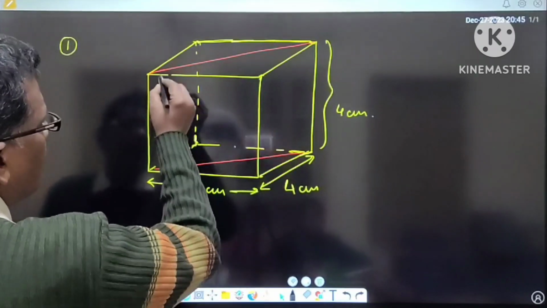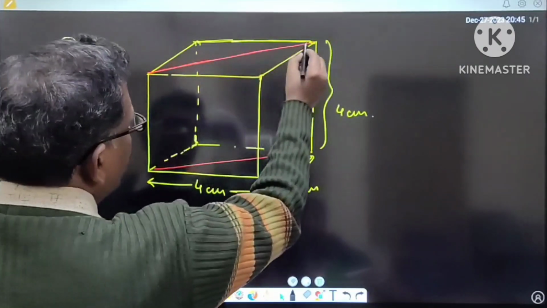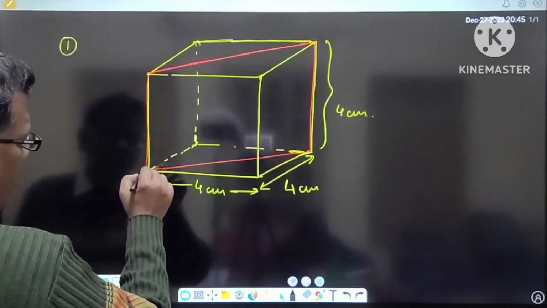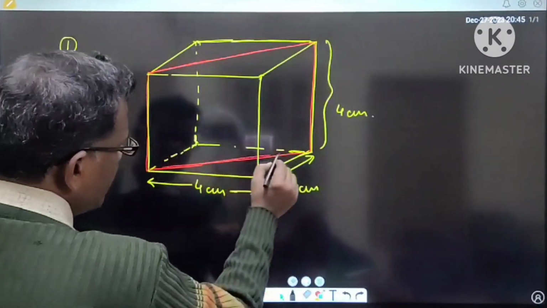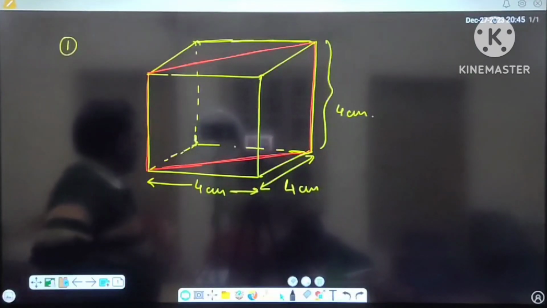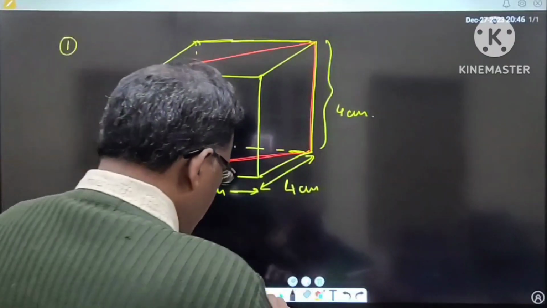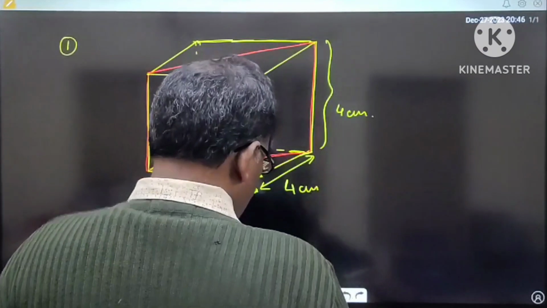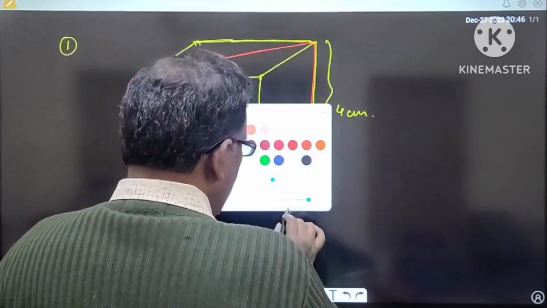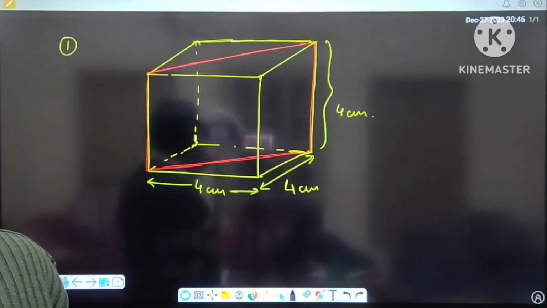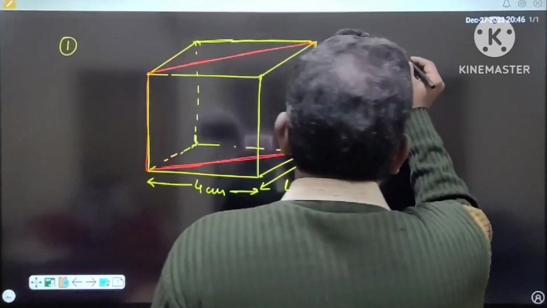The cube is cut by this plane. The given cube is cut by this diagonal plane. Can you imagine the geometry? The given cube is cut by the diagonal plane.